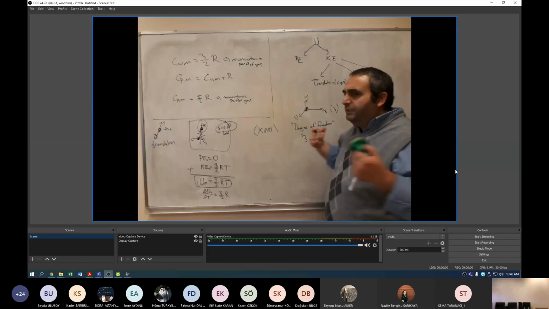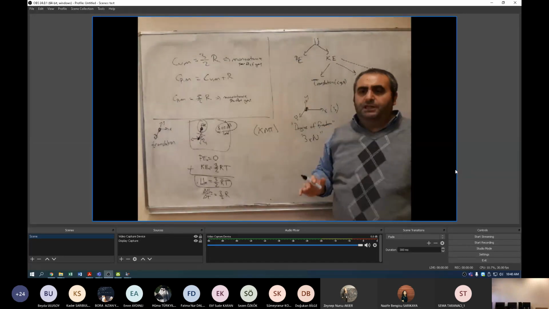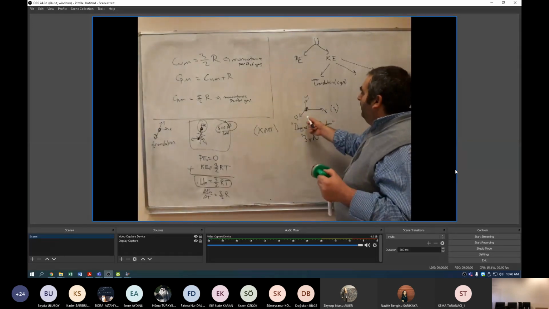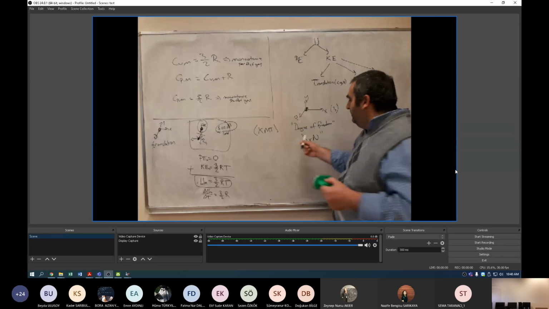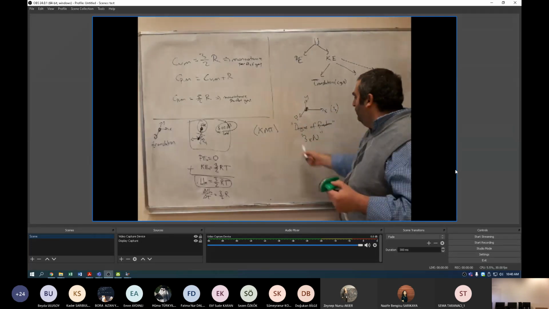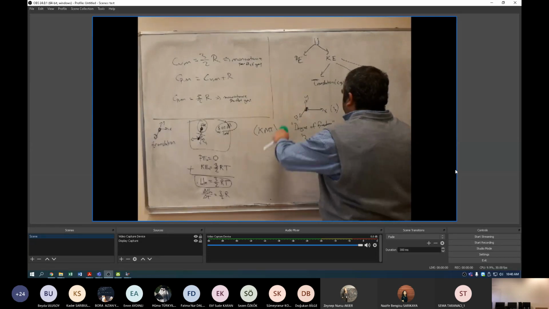How many different types of kinetic energy exist? There are 3 different kinetic energy terms. But this molecule has a single atom and it can only move around the X, Y, or Z axis, which is called translational motion. Okay?